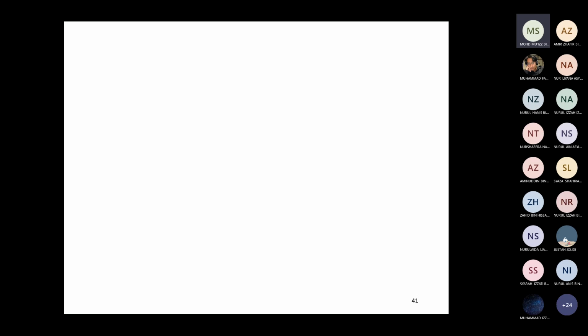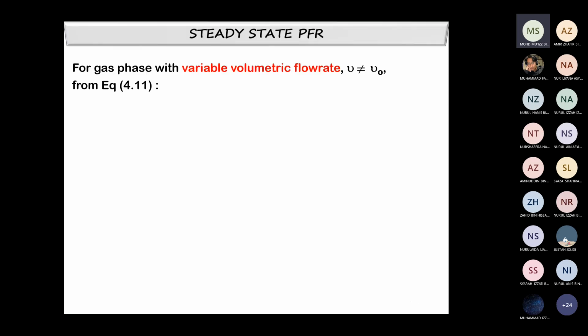Kalau untuk variable volumetric flow rate, dia akan a bit susah sikit, sebab sekarang ni dia ada variable volume. V ni dah tak bersamaan dengan V naught, so you kena refer back. V is equal to V naught (1 plus epsilon X) times P naught over P times T over T naught.